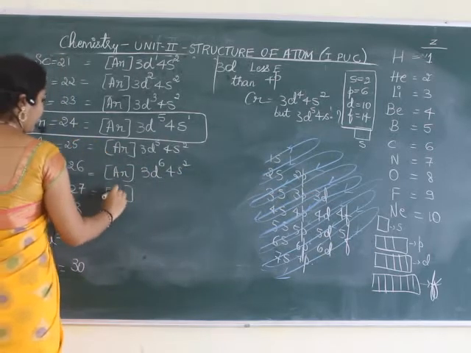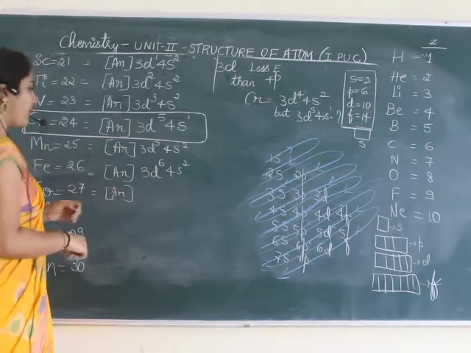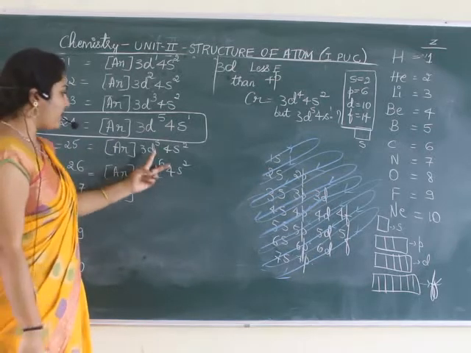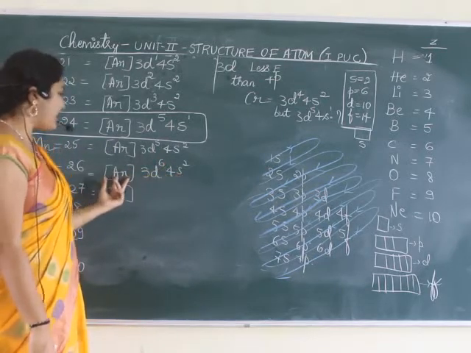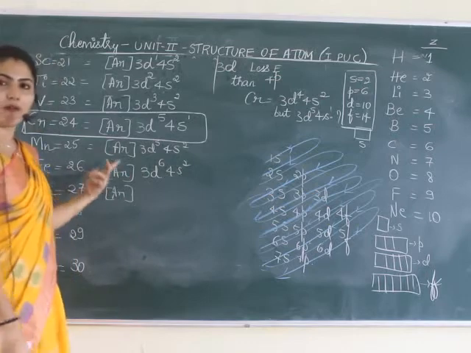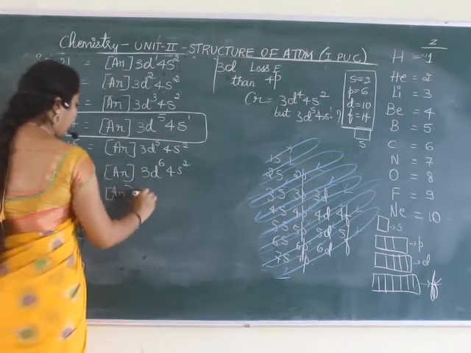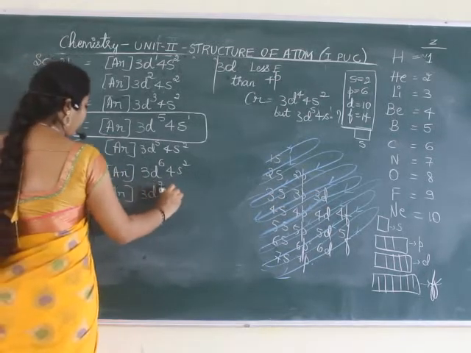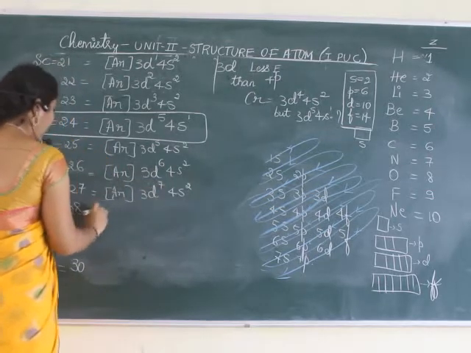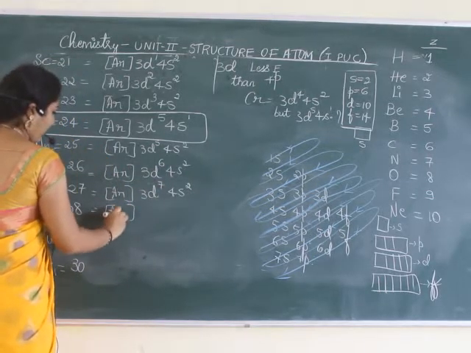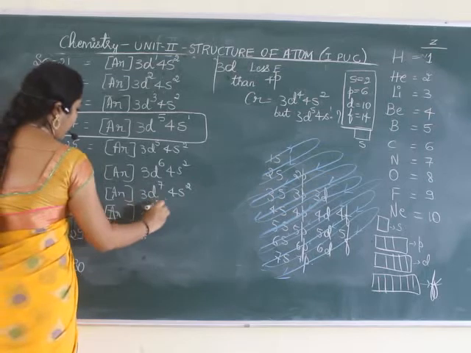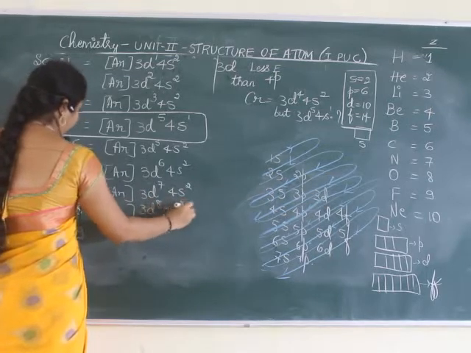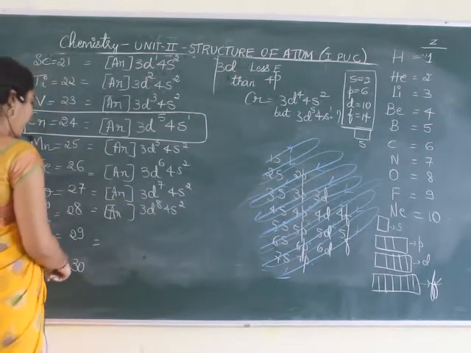Cobalt, argon: you can calculate the number of electrons here, 6, 7, 8 plus 18, 26. Argon 3d7 4s2. Nickel will be argon 3d8 4s2.